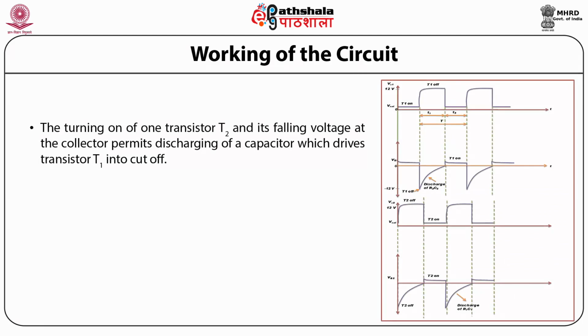So these are the waveforms explaining the turning on of one transistor T2 and its falling voltage at the collector, which permits the discharging of a capacitor which drives the transistor T1 into cutoff.